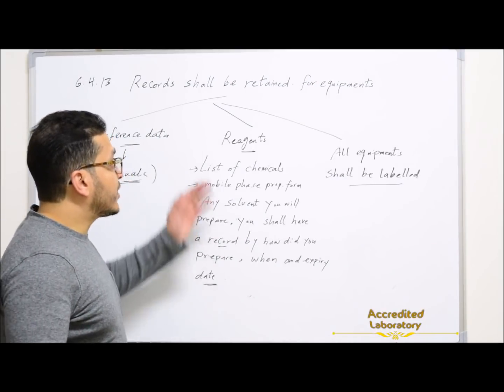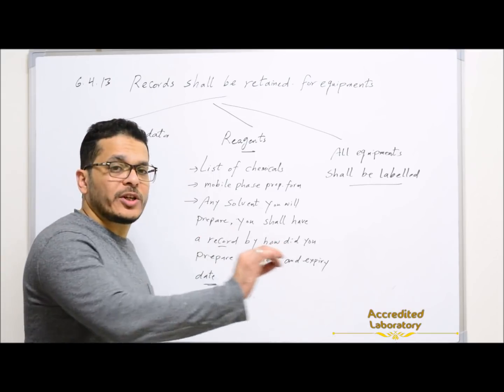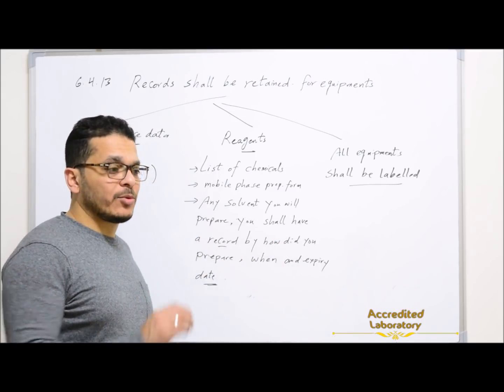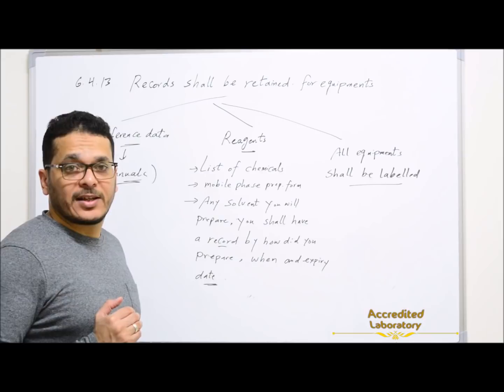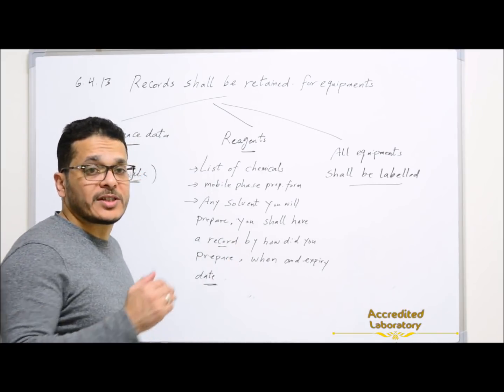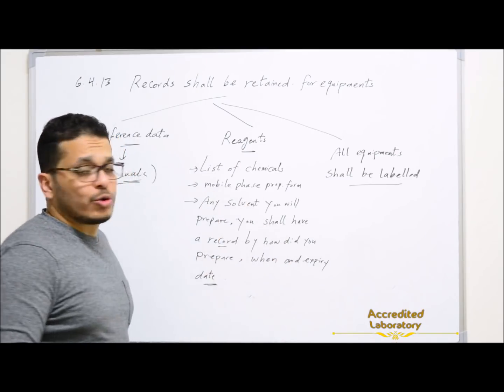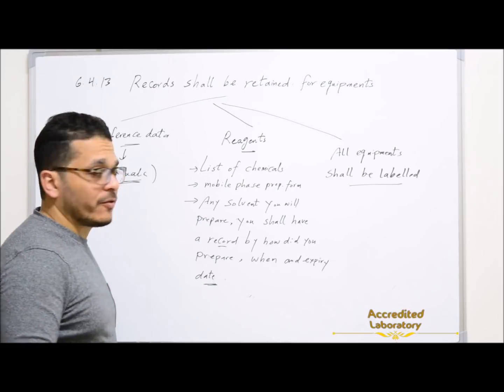Also for reagents, all reagents, you will have a list of chemicals. When you receive the reagent inside your lab, you write that you received it on this date, and when it expires. This reagent will expire after this duration. You will also have a mobile phase preparation form.